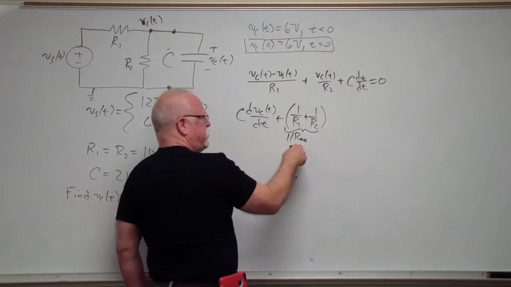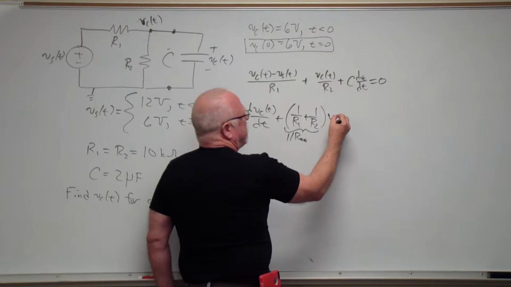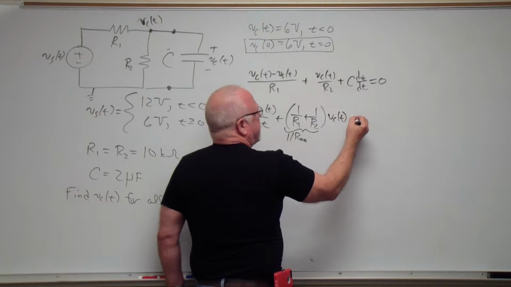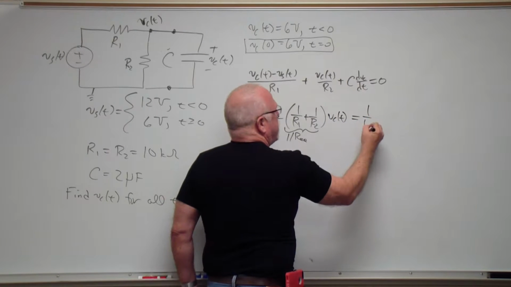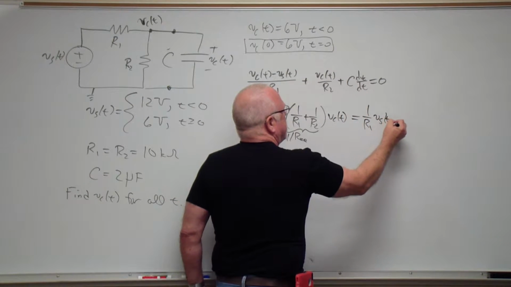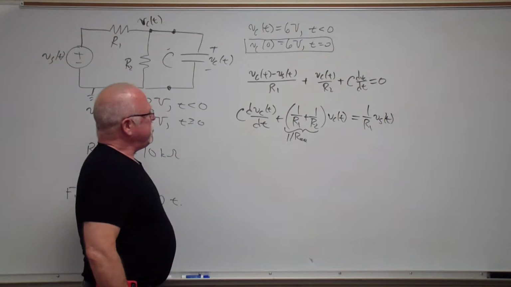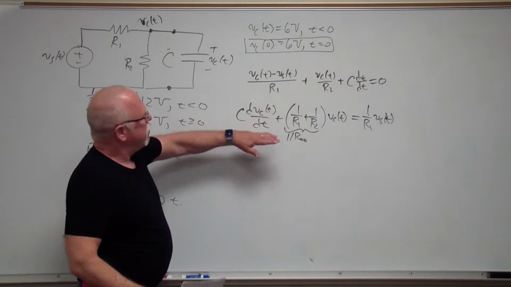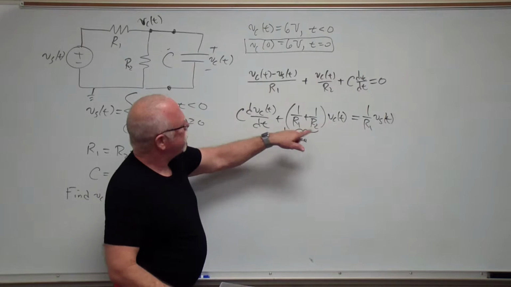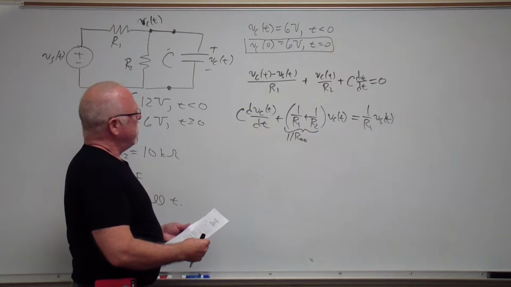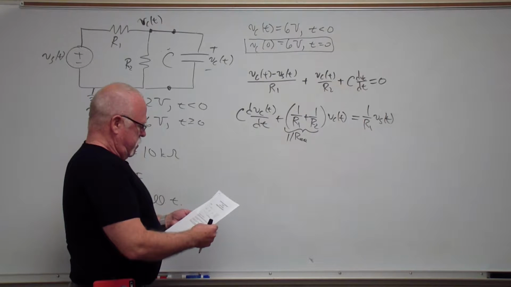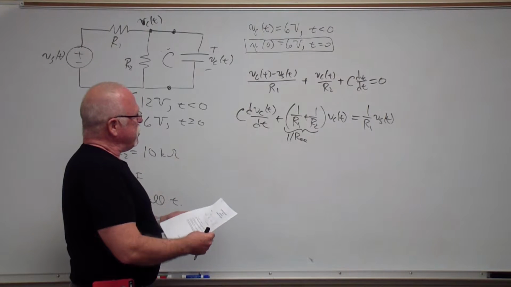Times Vc of t, and that's got to equal 1 over R1 times Vs of t. Dimensionality check: that's a current, Vc over resistance, everything agrees dimensionally. So there's the differential equation.